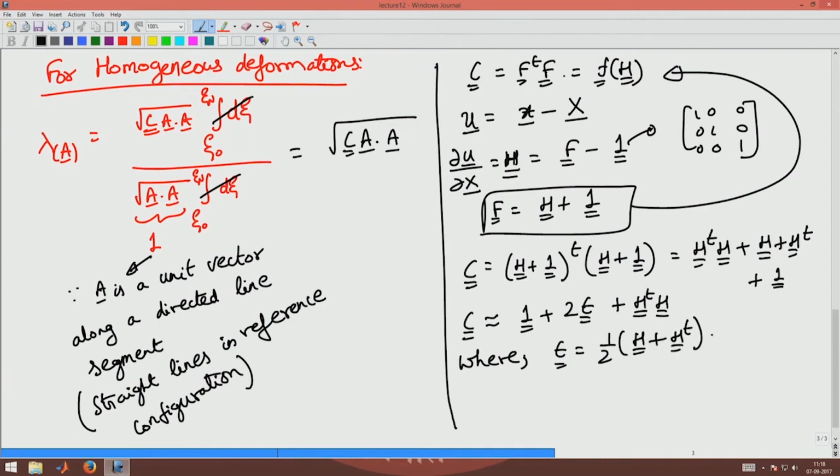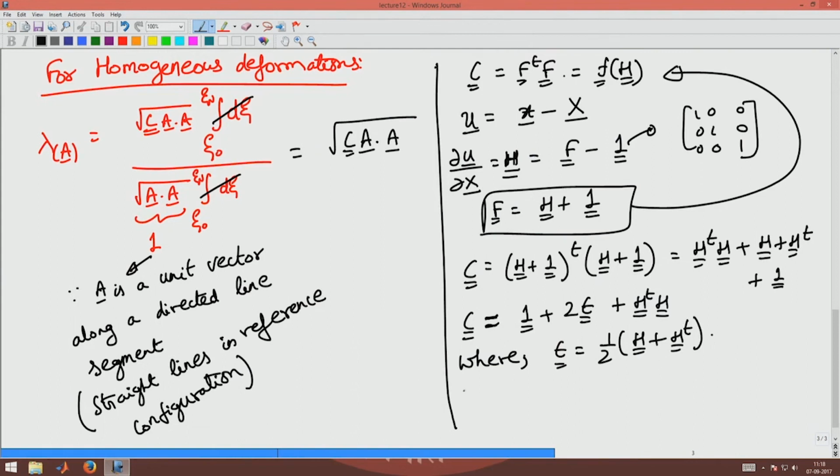What happens is, in many applications, this is an exact equal to, okay.